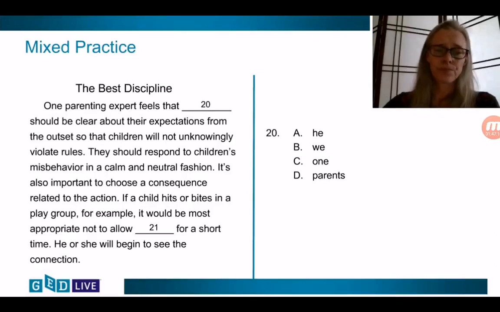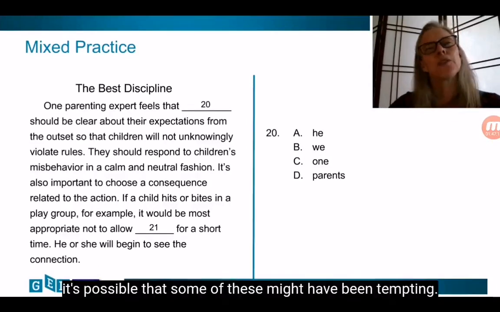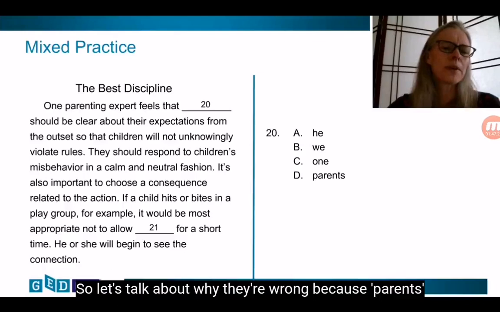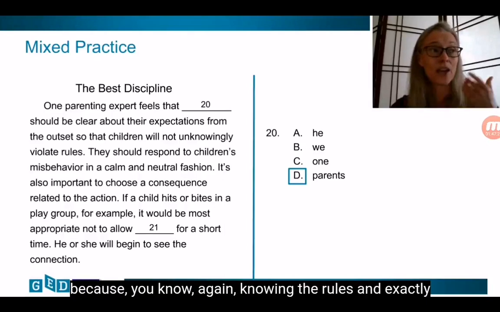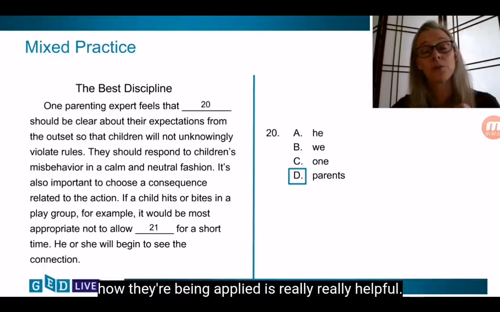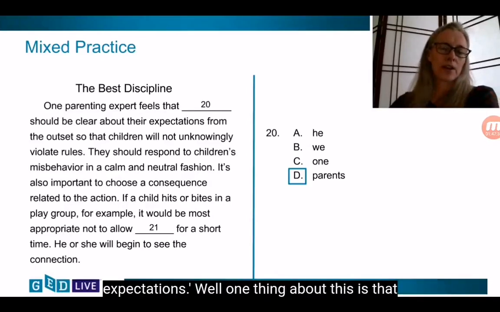Now, if we look at our choices, it's possible that some of these might have been tempting. So let's talk about why they're wrong, because "parents" does potentially just jump out. But let's just discuss, because, again, knowing the rules and exactly how they're being applied is really, really helpful. One parenting expert feels that he should be clear about their expectations.